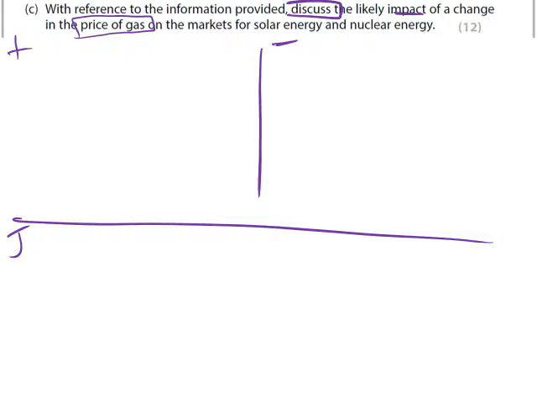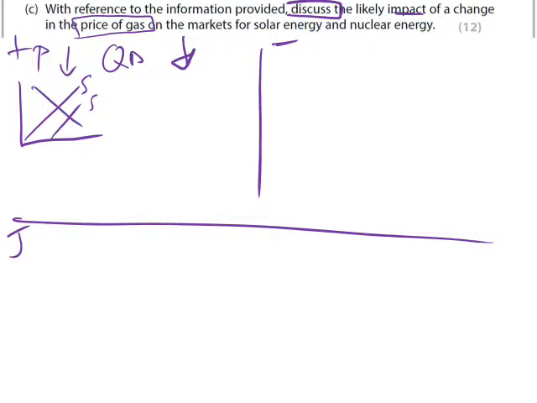So the case study itself tells you that as the price falls, it is likely that the quantity demanded for solar and nuclear will also fall. You could draw the graphs for this. So you have the supply of natural gas increasing, and then you would have the demand falling for the other market.